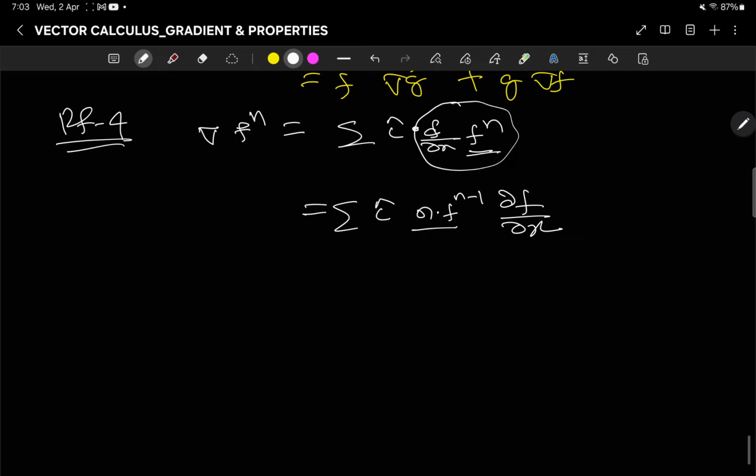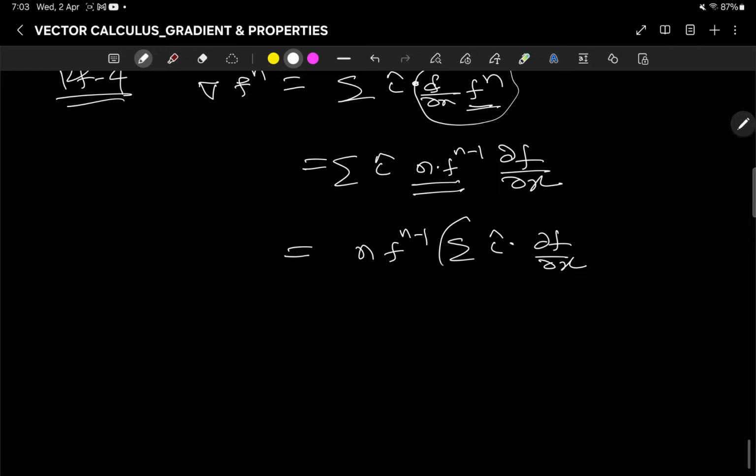So this is taken out, n f to the power n minus 1 summation of i del f by del x. Here this is nothing but grad f, so this is n f to the power n minus 1 grad of f. Likewise you prove the others.